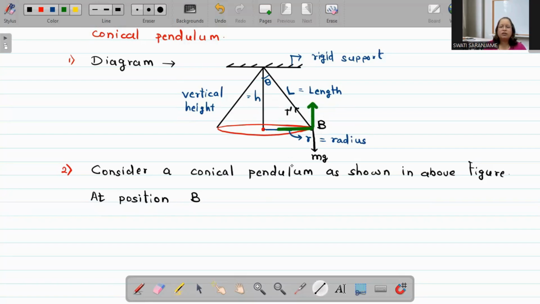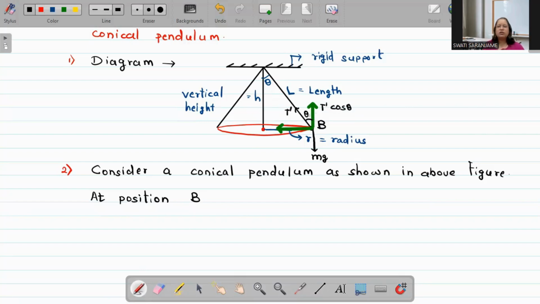This is the balancing weight mg, and this is perpendicular to this component but towards the center along the radius. So from the geometry of the figure, as this angle is theta, this becomes theta, alternate angle. So this arrow represents the component which is T dash cos theta.